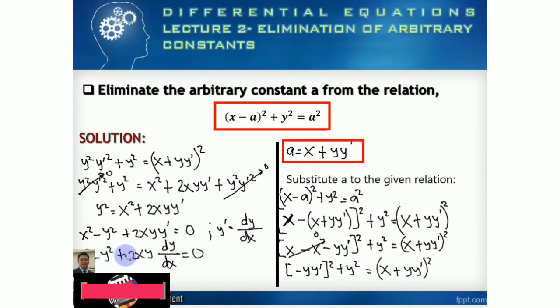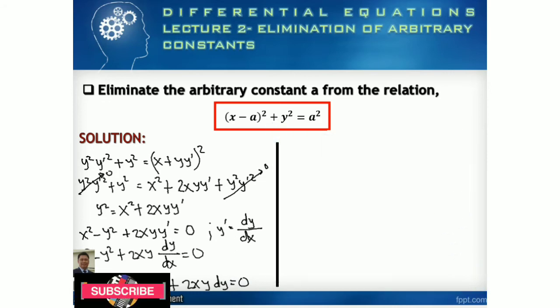So if we simplify this again, this is just equivalent to x squared dx minus y squared dx plus 2xy dy is equal now to 0. So this is just equivalent to this equation.